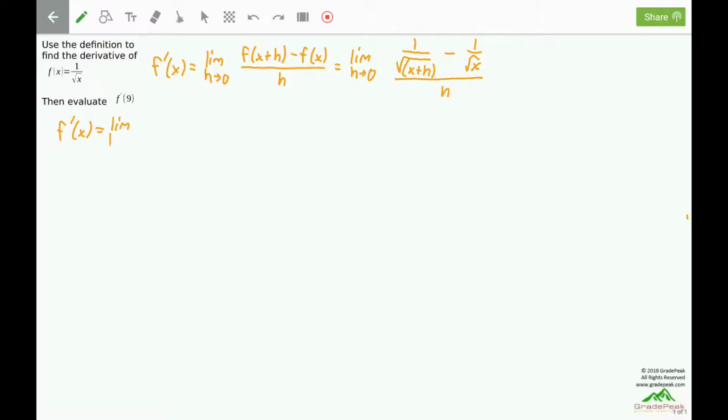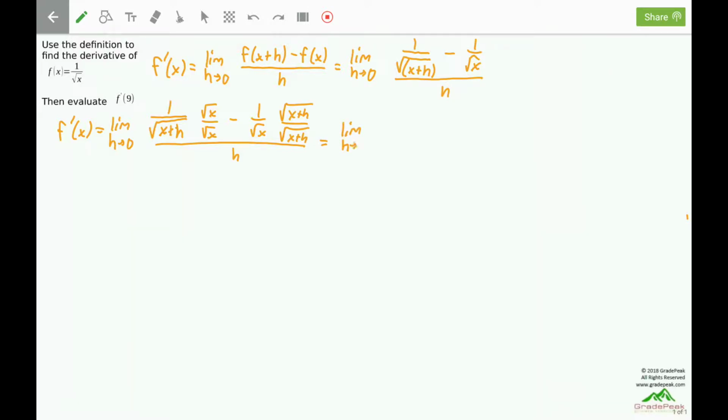So we will have the limit as h goes to 0 of, let's take the 1 over square root of x plus h, which we don't need parentheses for that x plus h any longer, and we're going to multiply it by root x over root x, a form of 1, to get the common denominator, minus 1 over root x, which we're going to multiply by root x plus h over root x plus h, and all of this is divided by h.